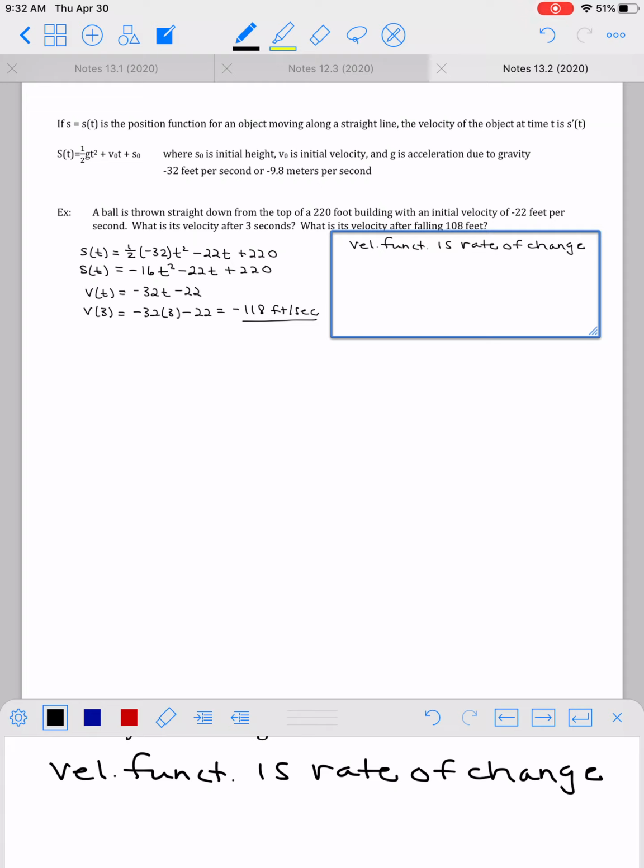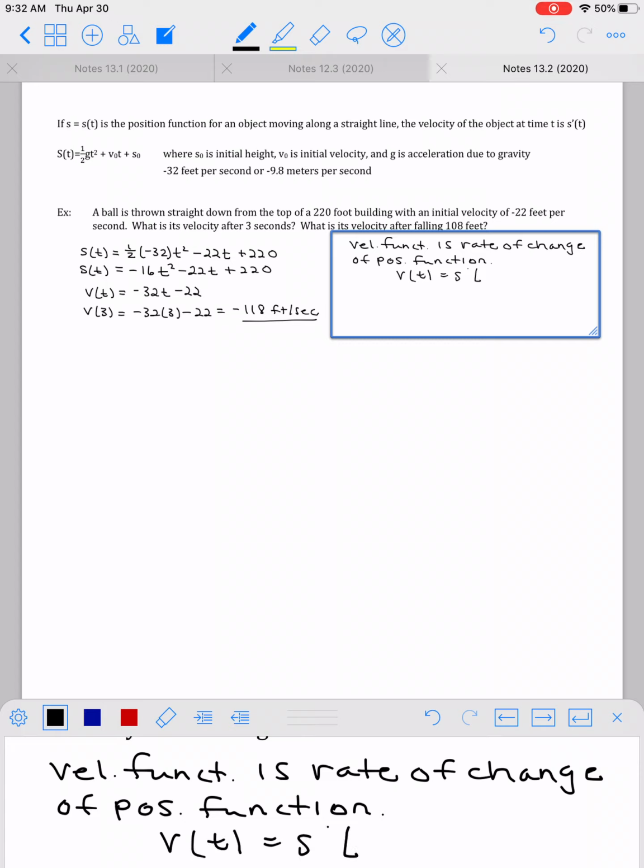So we're talking about the slope of the position. And so that's why we take the derivative. So that's why our velocity function is the derivative of the position.